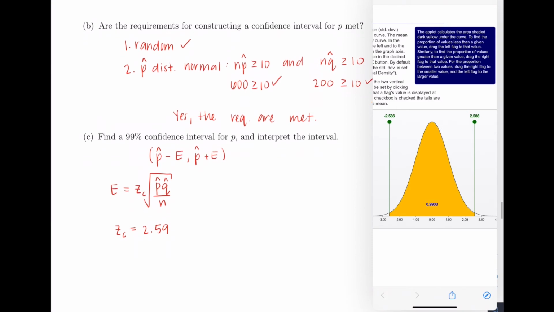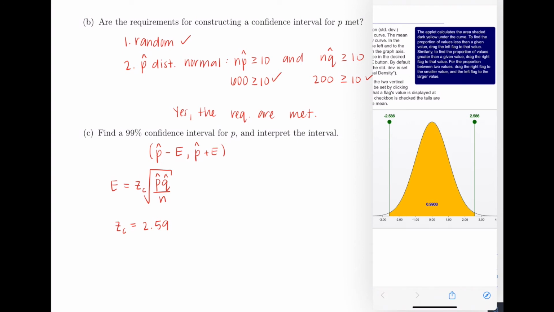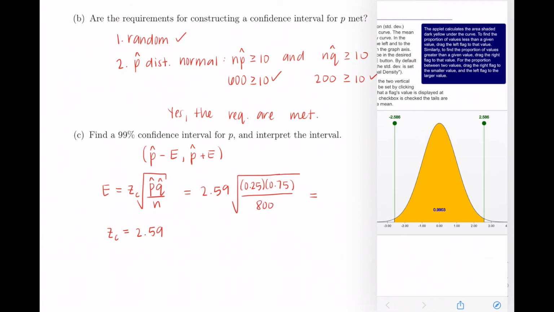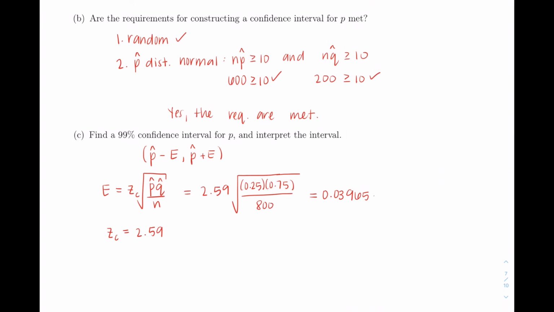So here Z sub C is 2.59, and so E is equal to 2.59 times the square root of 0.25 times 0.75 over our sample size of 800. When you enter this into your calculator, you should get a margin of error of 0.03965, which is approximately equal to 0.04.